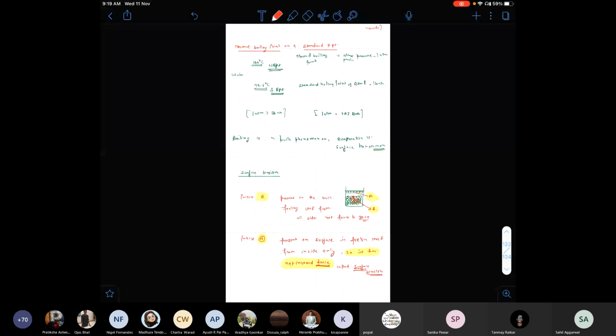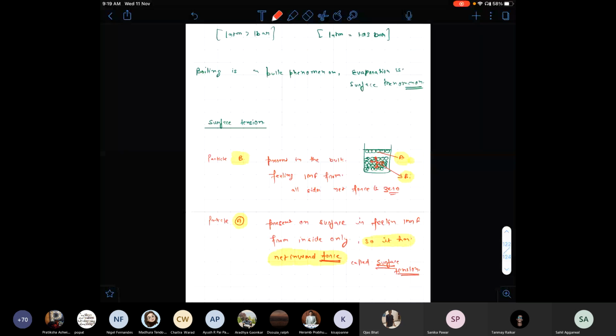Definitely, Sakshi, the definition will be what you told. I am just explaining what that means. I said particle B present in the bulk is feeling intermolecular forces from all sides, so net force is zero.